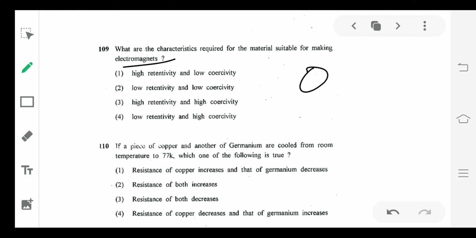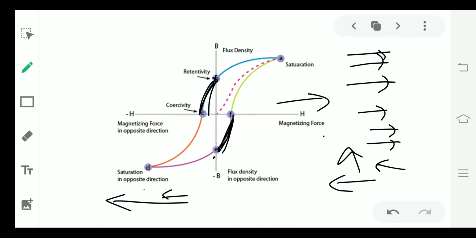So we apply some force in the negative direction, which is called coercivity. On applying this coercivity, we want less coercive force to be required, so that it will be a good electromagnet, and its retentivity must be less.